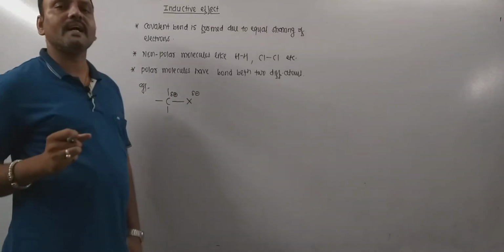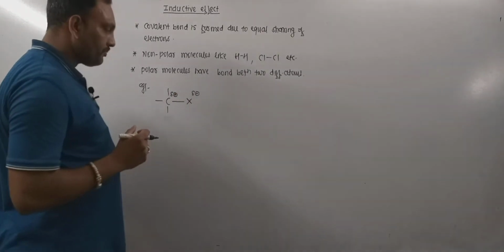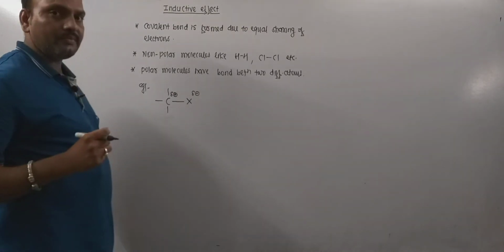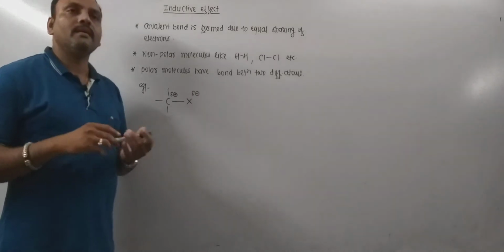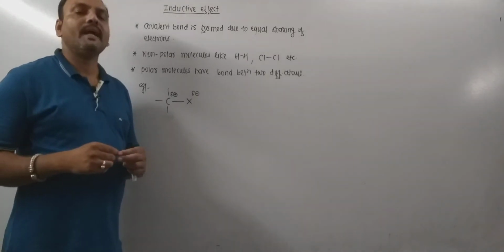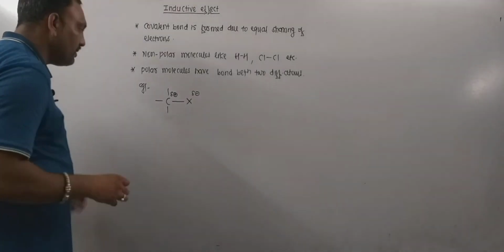Remember, partial charges are represented by the sign delta. Now this is the polarity in this bond, and such species record a certain dipole moment within the molecule, and hence these are readily attacked by the charged reagent.